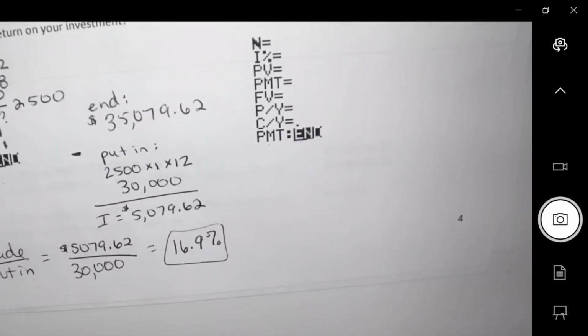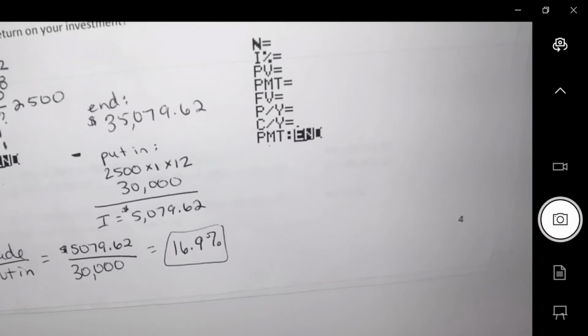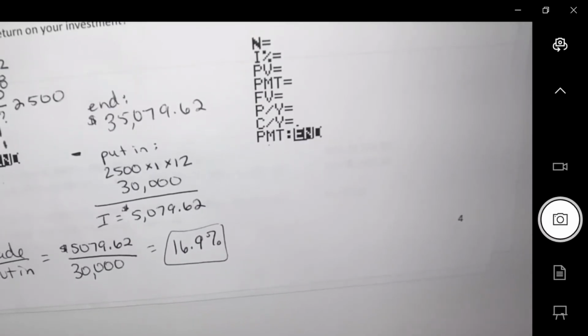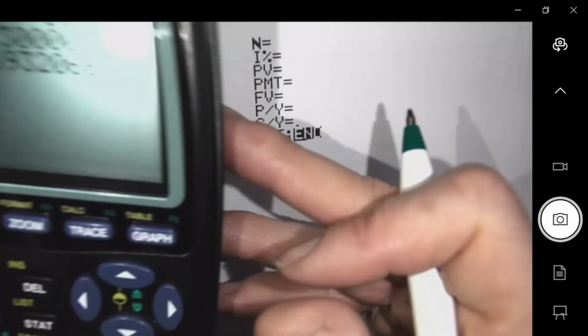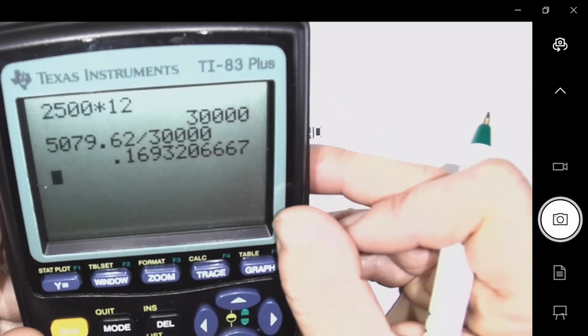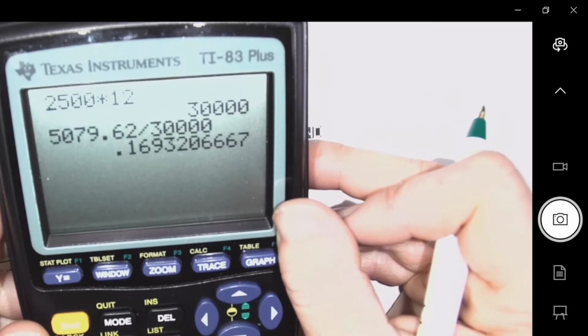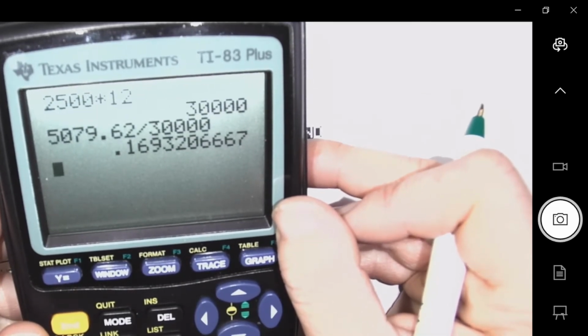So there was a 16.9% return on my investment. Okay? And that return number is always expressed as a percent. So obviously when I divided, I was getting a decimal number and then I moved it. So just move it 2 places, okay?